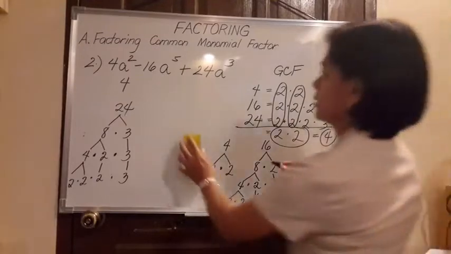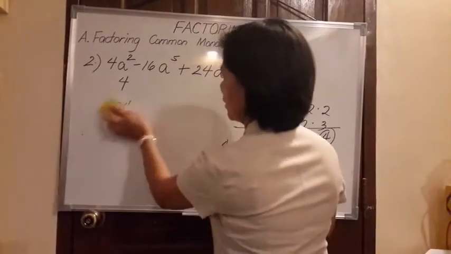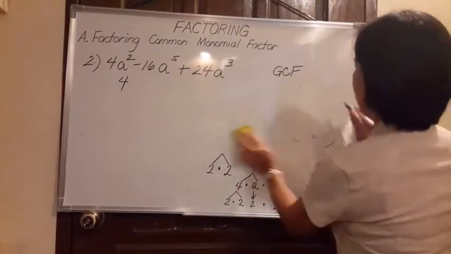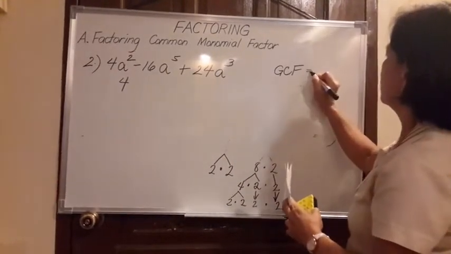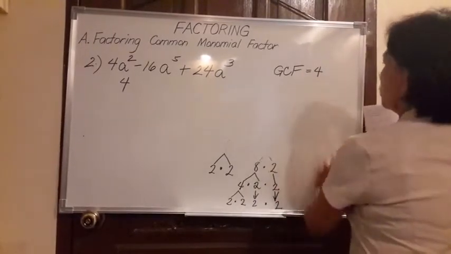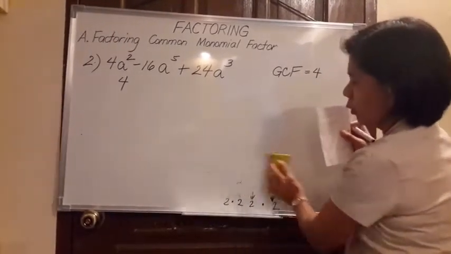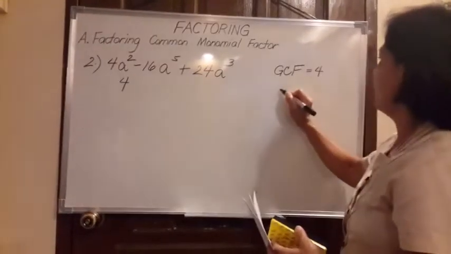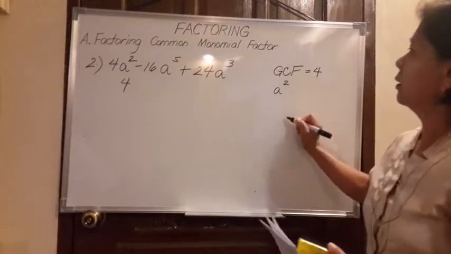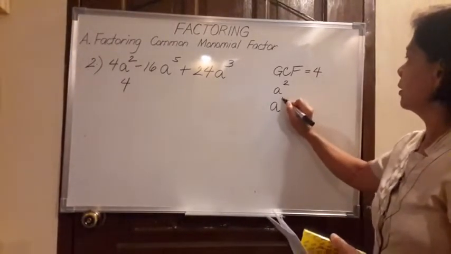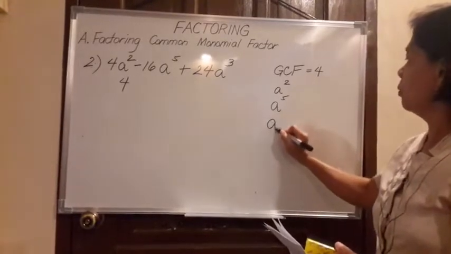Okay, next, using the factor tree. Now, how about the greatest common factor of the variables? For the variables, you just look for the variable with the least exponent. So first we have a squared, a to the 5th, and a cubed.